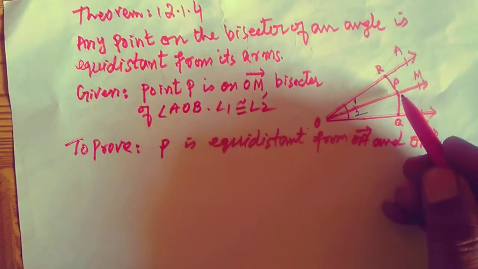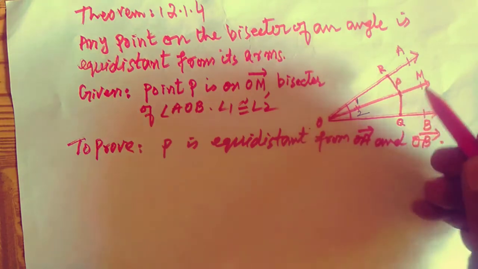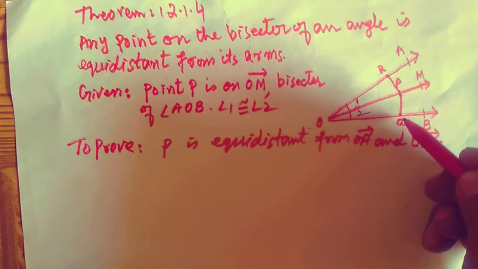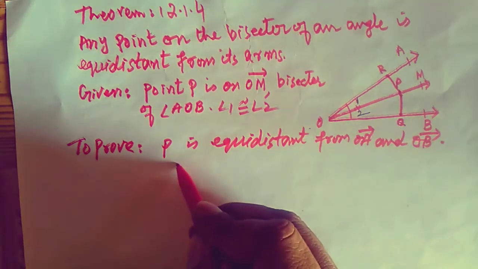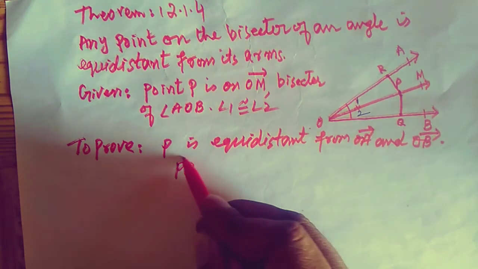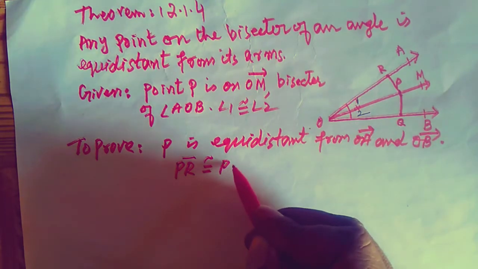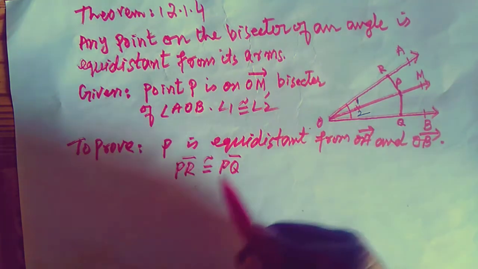So this point P from R and P from Q is equidistant. PR is congruent to PQ.